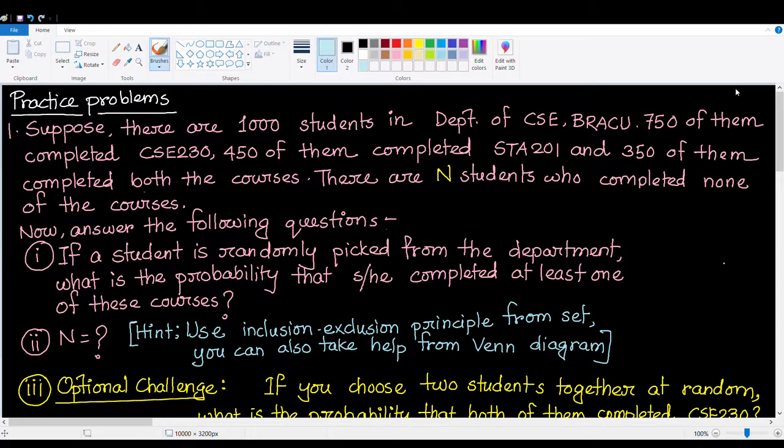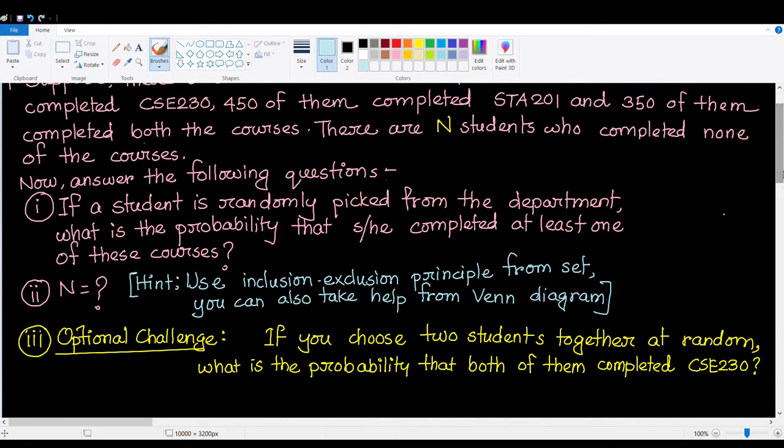Question number 3 is an optional challenge, for those of you who want to brainstorm a bit more. If you choose two students together at random, what is the probability that both of them completed CSE 230? Here's the hint: probability is defined as a fraction where the numerator is the number of total favorable cases and the denominator is the number of total cases.